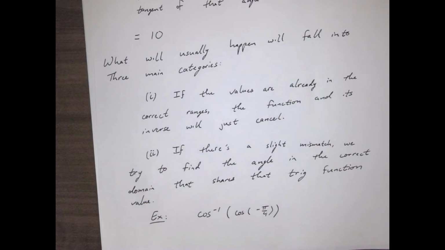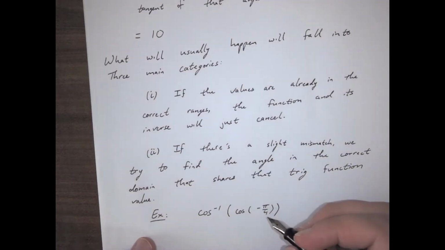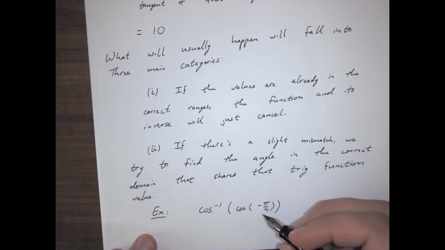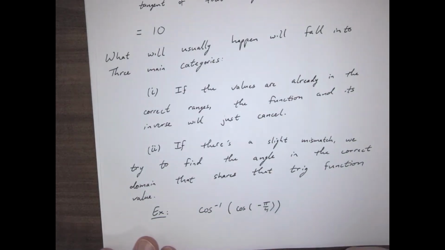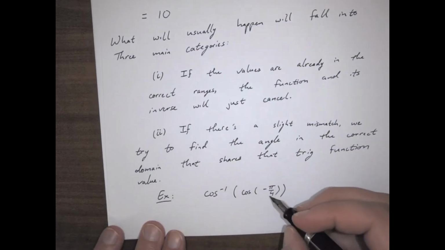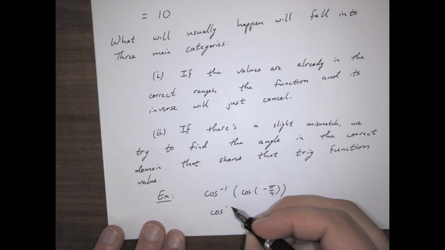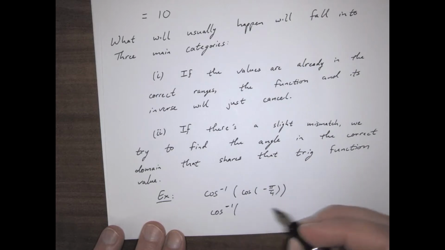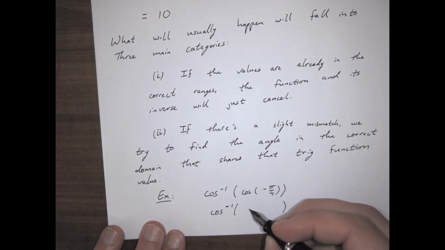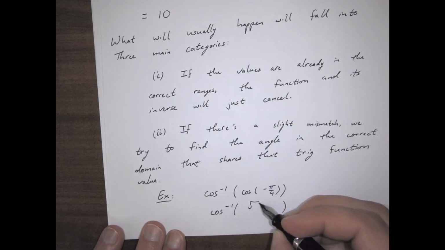Now what's going to happen here is when we start evaluating these things, the negative pi over 4, we can certainly plug that into a cosine, but it's not going to be the one that the inverse cosine would give as the equivalent answer. So as we evaluate this, we get cosine inverse really of, and then we just crunch the numbers here, and this is the x value, so that's root 2 over 2.